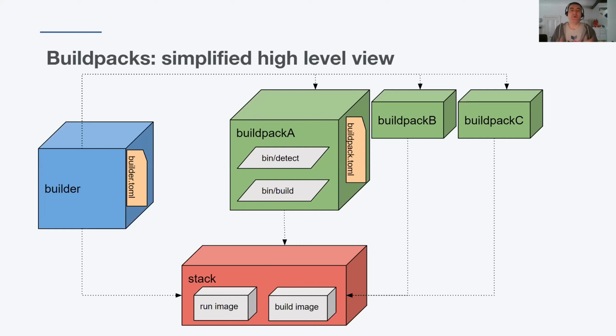And finally, you've got the builders, and the builders are actually gluing all those concepts together. When you start the pack CLI, the first thing it's going to do is retrieve a builder. So it can be a default builder or a builder that you specified.